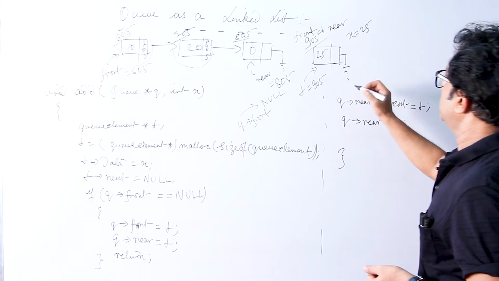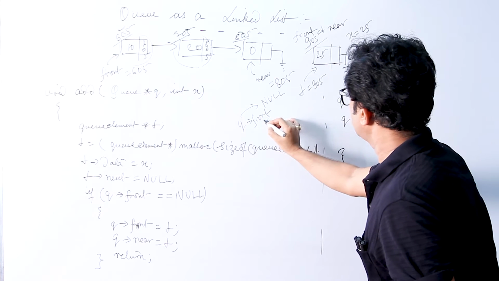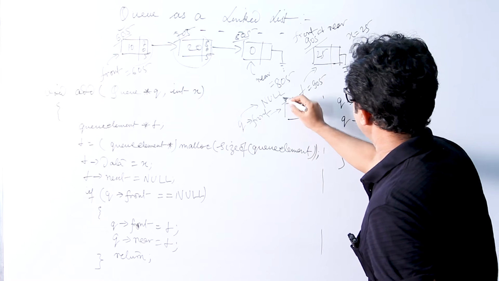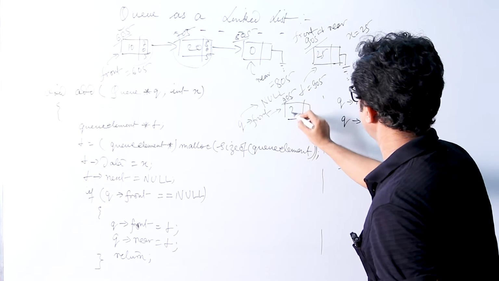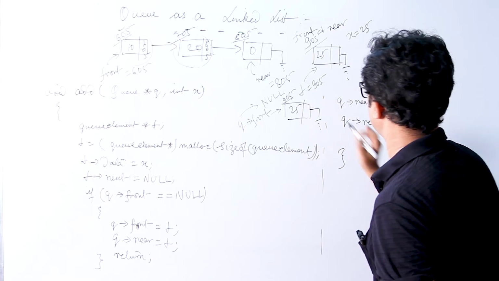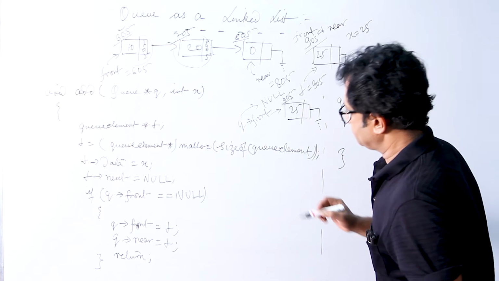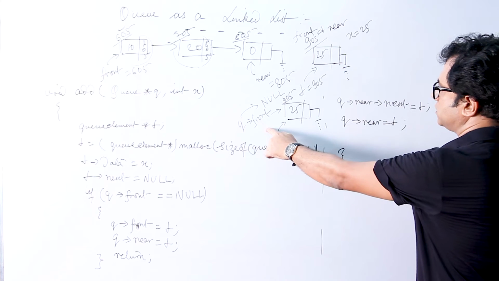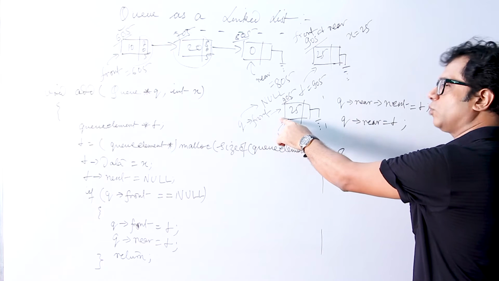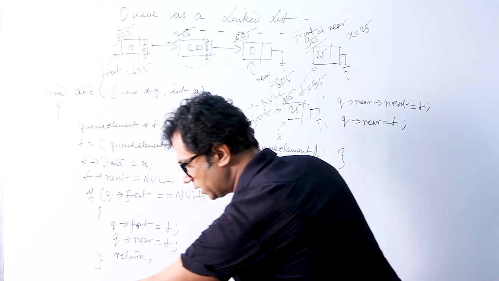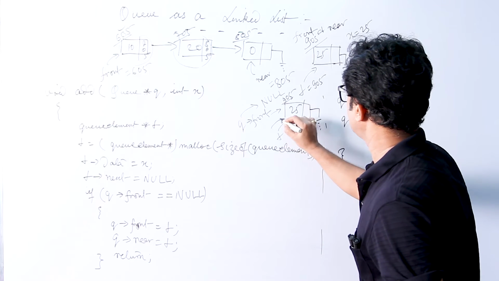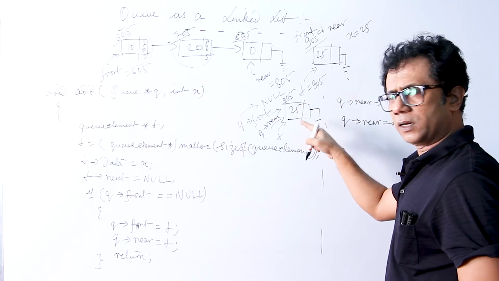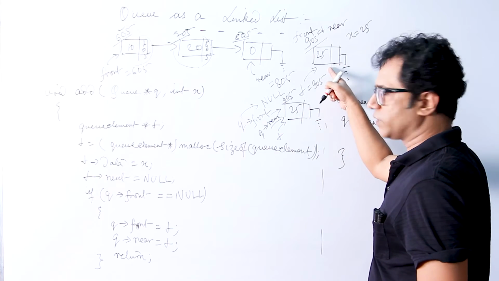In that case, q front will point to this one, that is 905. 25 will be the data, here it is null, and this is t. Q front will be pointing to the same location as t points to, and q rear also points to that same position, because this is the only node in the queue after the addition of the new node.